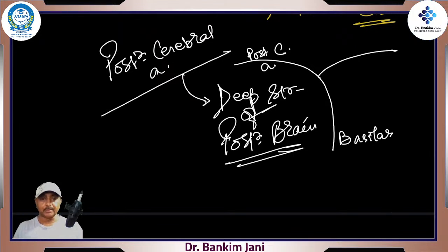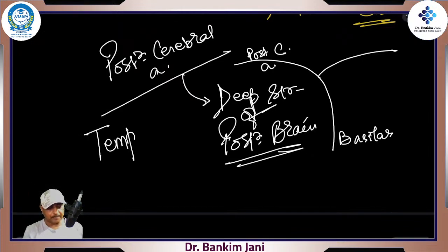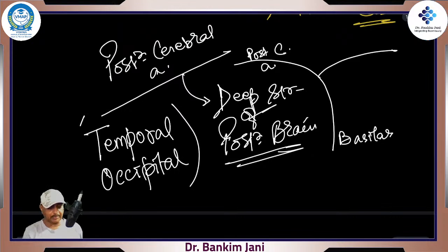When it is going back, which part? This is temporal, and this backside is occipital. So two lobes, temporal and occipital, are the lobes supplied by this posterior cerebral artery.